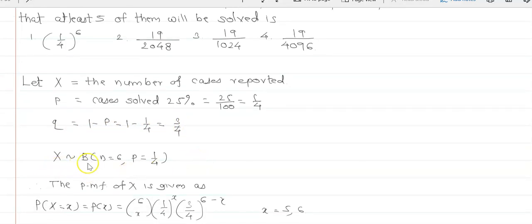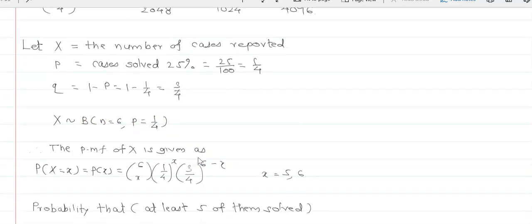X follows the binomial distribution. n is equal to 6 and p is equal to 1 by 4. The probability mass function of X is given as P of X equals 6Cx, (1 by 4) raised to x, (3 by 4) raised to 6 minus x.